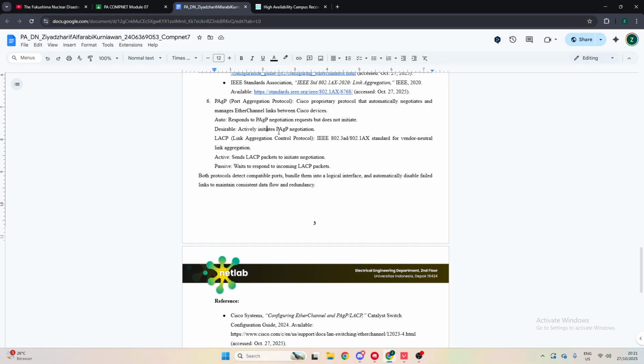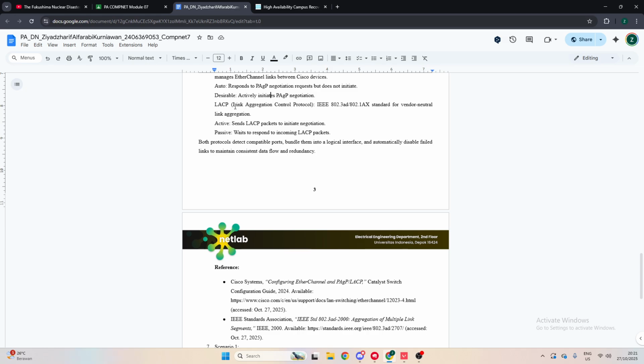Let's start with PAgP first. PAgP is Cisco proprietary and supports two modes: auto, which responds to PAgP negotiation requests but does not initiate, and desirable, which actively initiates PAgP negotiation.